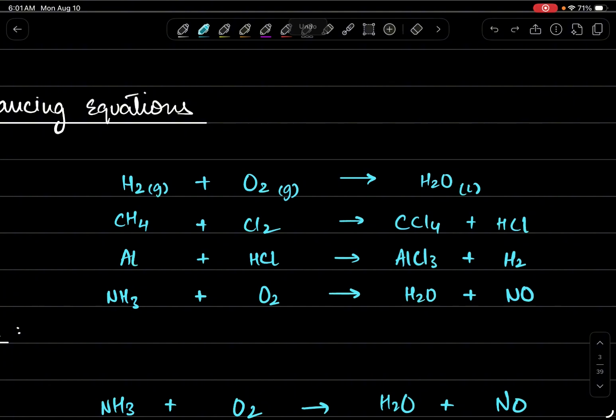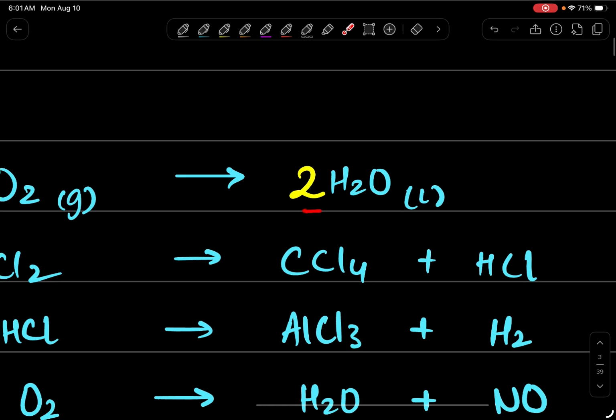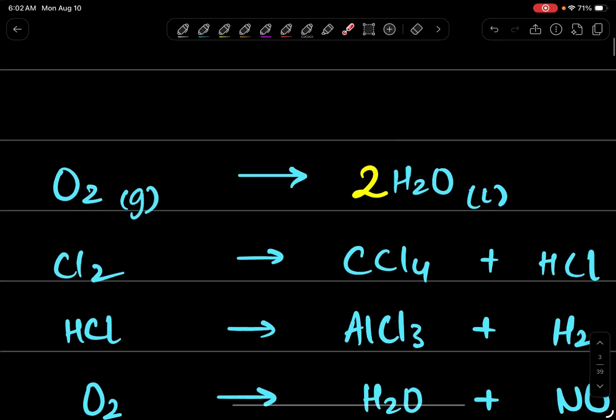So if we multiply this whole compound by 2, that makes up 2 molecules of H2O. So this 2 is multiplied with the H2 as well, and this oxygen as well. Now in total you have 4 hydrogens, because 2 times 2 is 4, and 2 oxygens here.